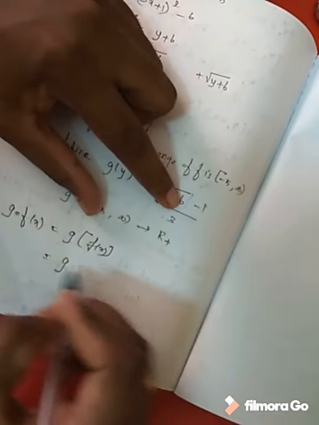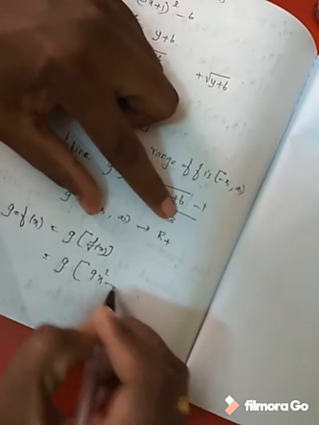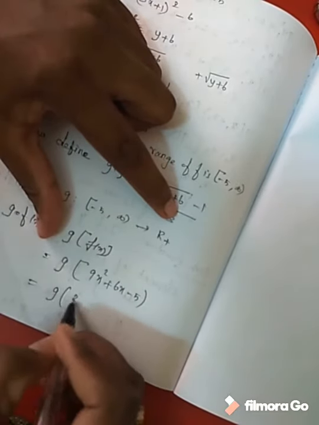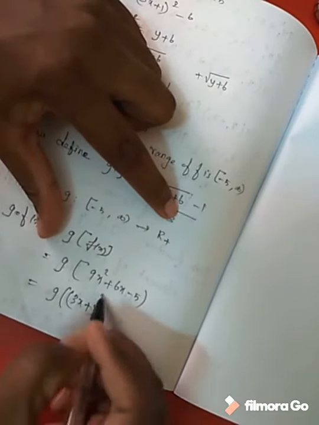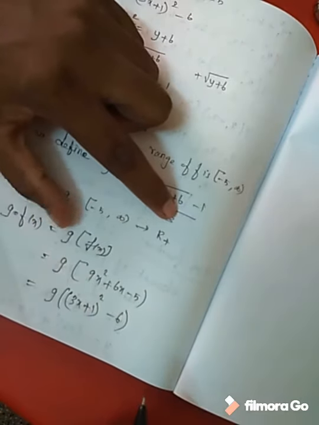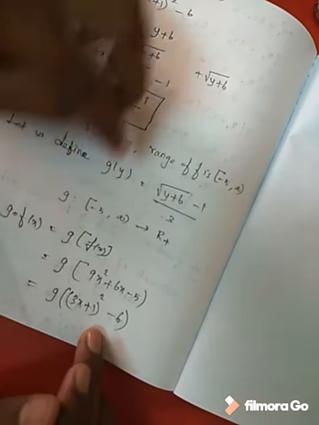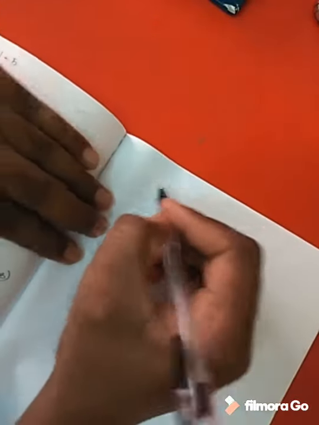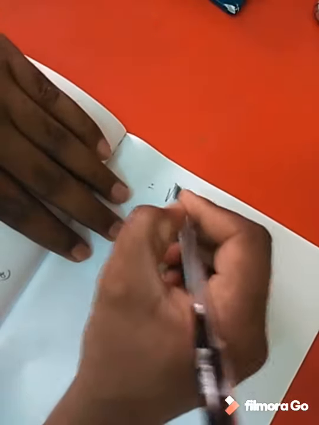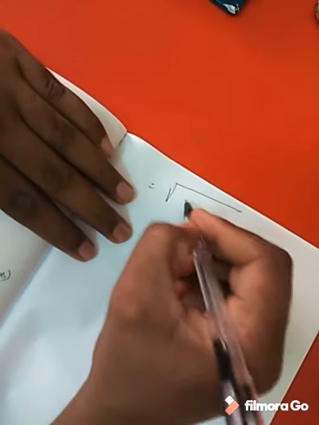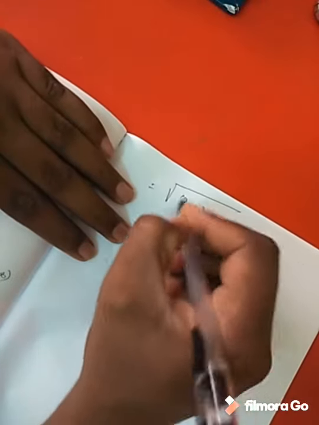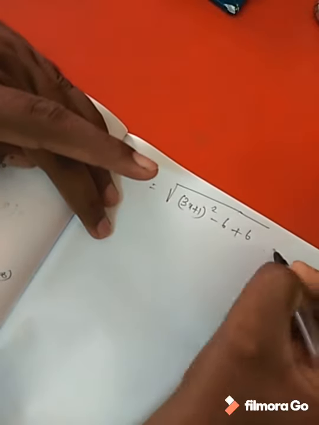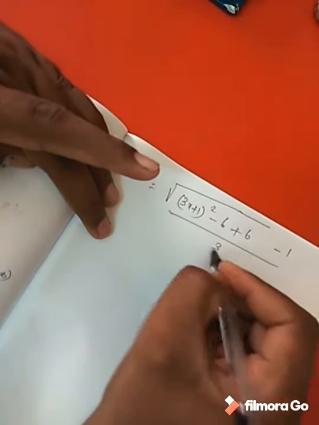So what is f of x? 9x square plus 6x minus 5. Instead of that I can write g of (3x plus 1) the whole square minus 6. So that I can substitute in the place of y. It can be written as root over (3x plus 1) the whole square minus 6 plus 6, minus 1, whole divided by 3.